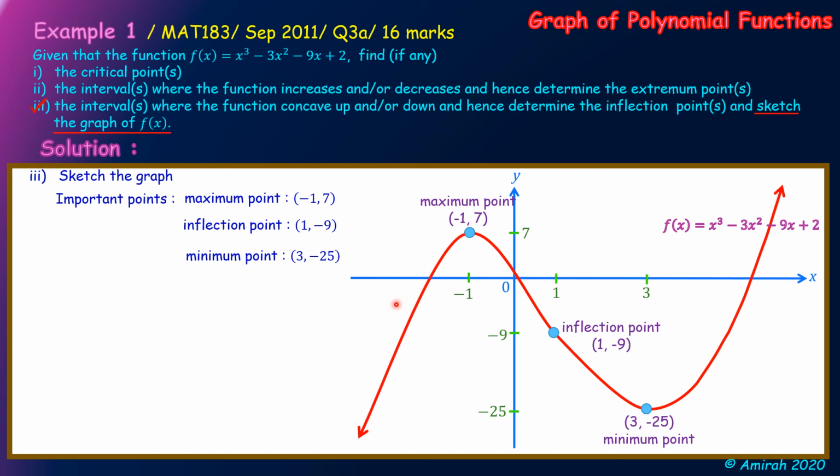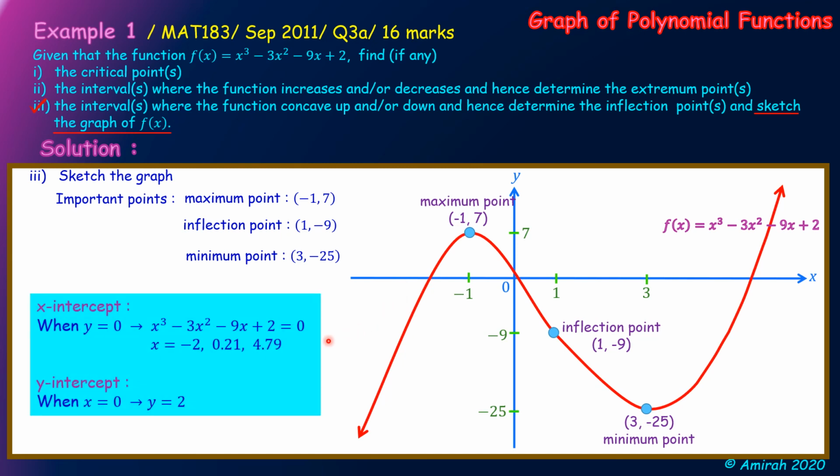Now we can check the x and y intercepts. To check the x-intercept, we set y equals 0. Y here means f(x), and f(x) is x cubed minus 3x squared minus 9x plus 2. We equate to 0, then we can solve this cubic equation using a calculator with degree 3.